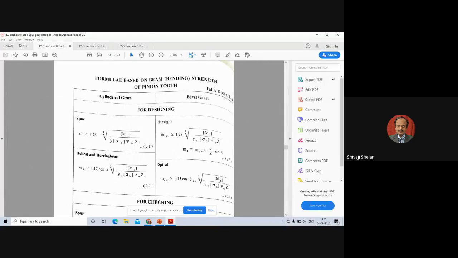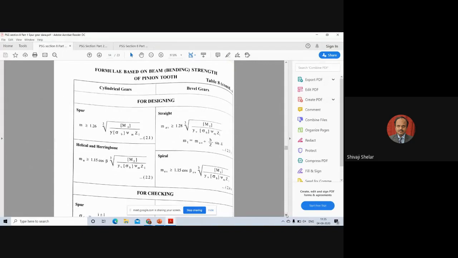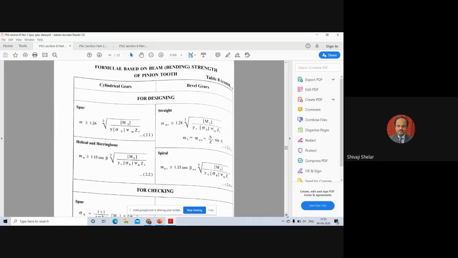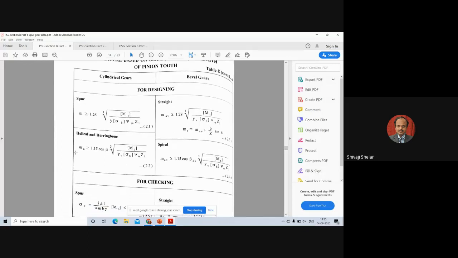Okay, so formula based on the beam strength for pinion teeth here. We are going for helical gear. So normal module here is 1.15. This is the spur formula 1.26, so it will be changed as 1.15. An additional term: beta is used as helix angle, we are using psi. So for us it will be cos psi.